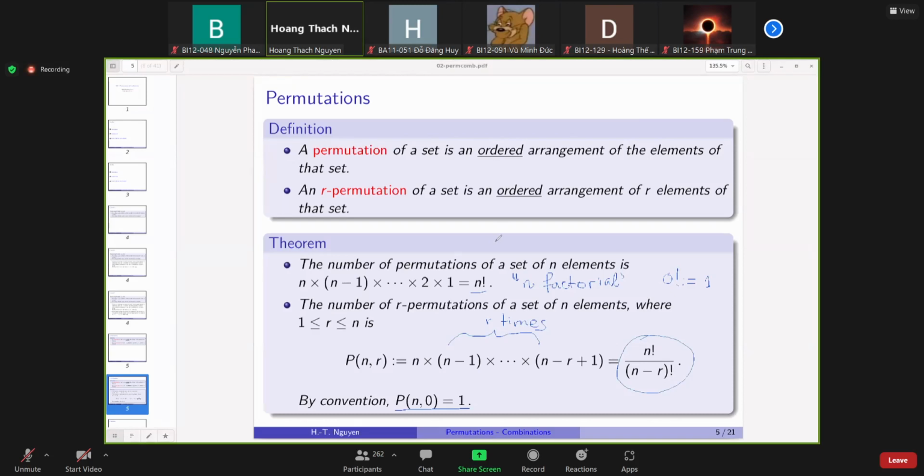The permutation using the division rule. The formula for the number of r-permutations. No, I don't think that it is the division rule. No. In this case, no.